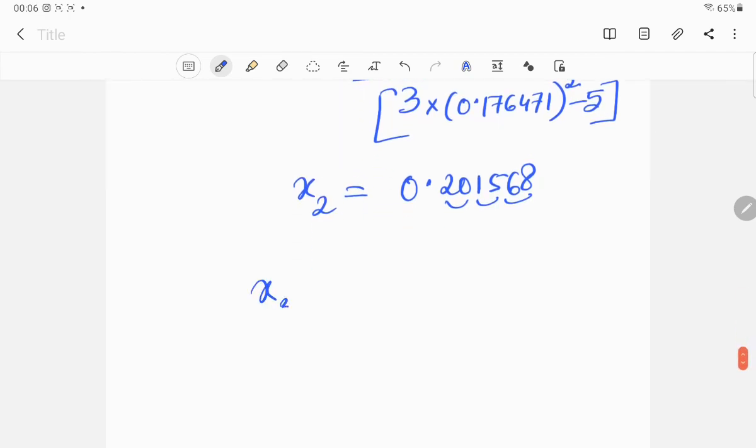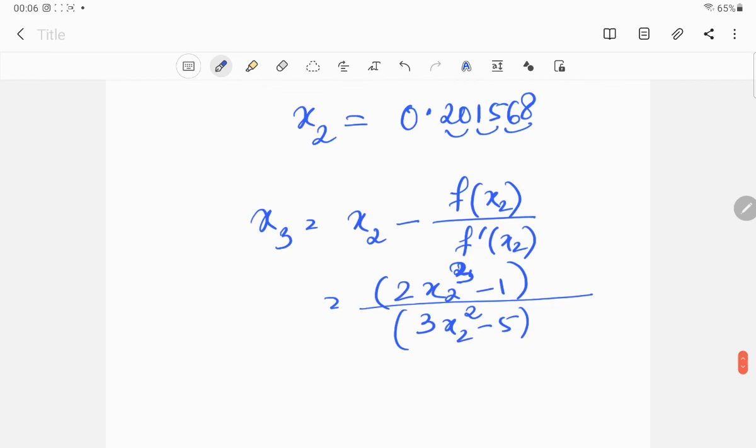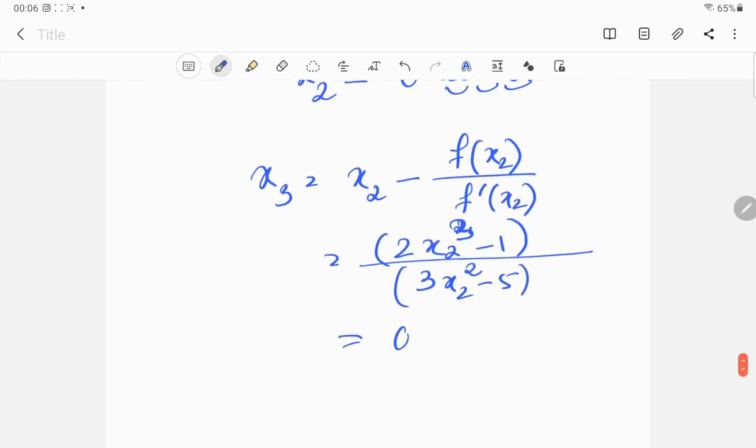Now you can write down x3. x3 is nothing but x2 minus f(x2) by f dash x2. Similarly, as we have already obtained, it is 2x2 cube minus 1 divided by 3x2 square minus 5. If you put all the values, you will get 0.201640.